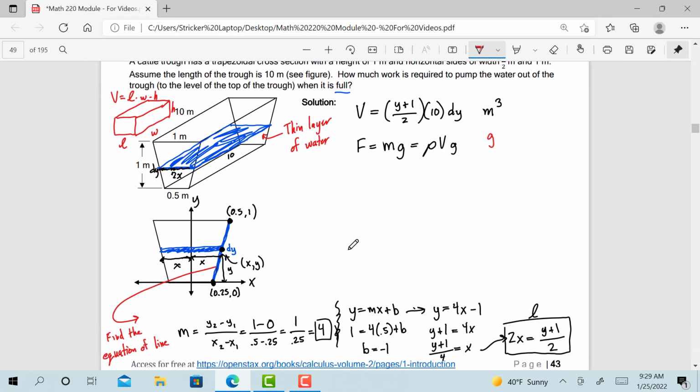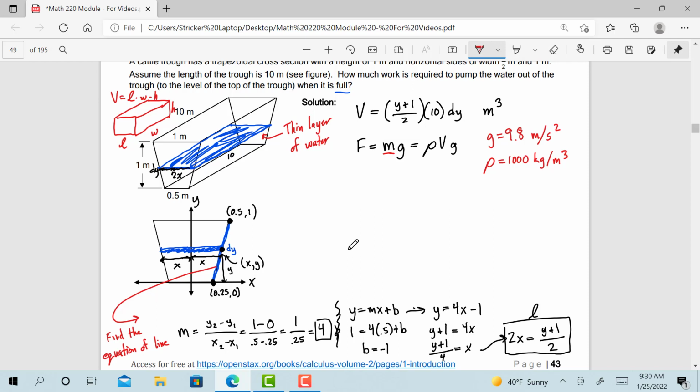So remember, just to review, g is 9.8 meters per second squared. One thing I haven't given to you is the density of water, but the density of water is 1,000 kilograms per cubic meter, which makes sense why we should multiply density times volume to get mass, because if we take kilograms per meter cubed times our volume of meters cubed, we just get kilograms, which was the units of mass.